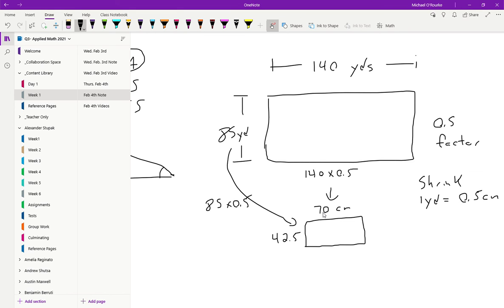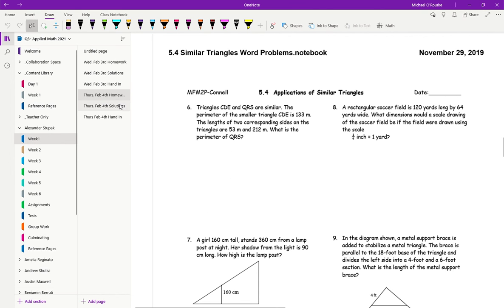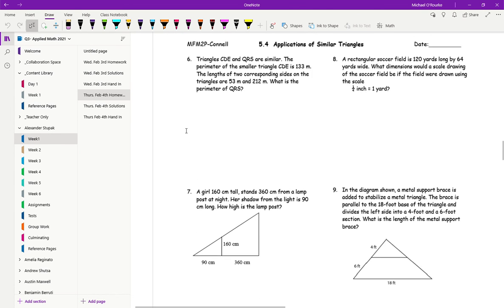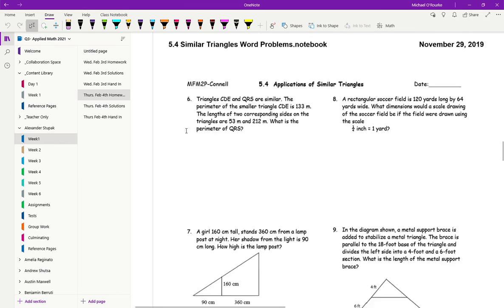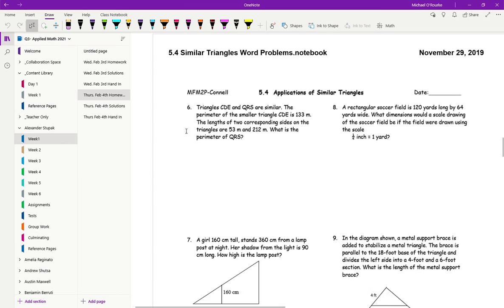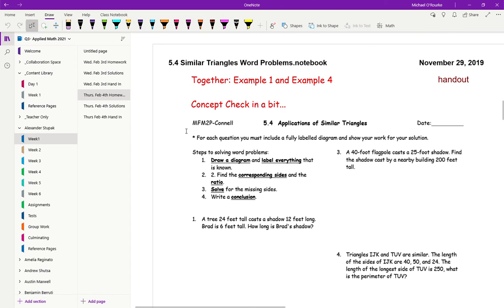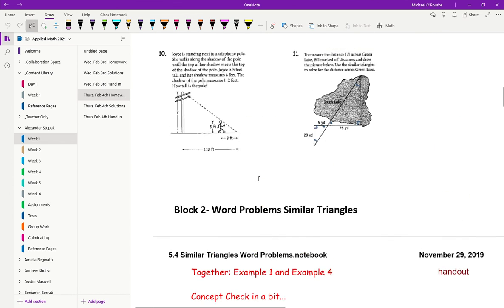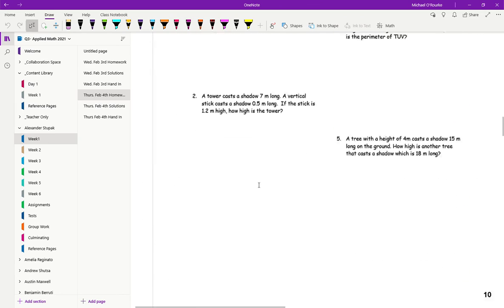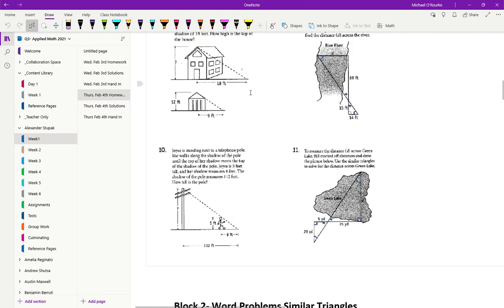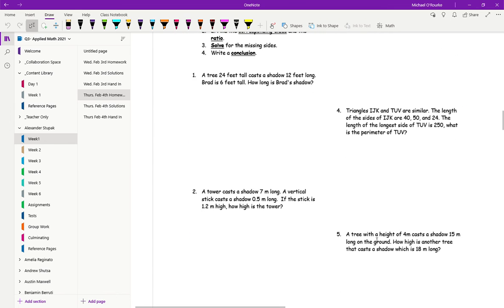So, back to homework-wise. Homework-wise for you guys, here's the word problems. There's what, 9 different ones? Remember, draw your diagrams, label everything, corresponding sides. Now I would say do the word problems, but if you haven't finished off a couple of these last ones here, go back and do some of the last ones and go do these ones as well.